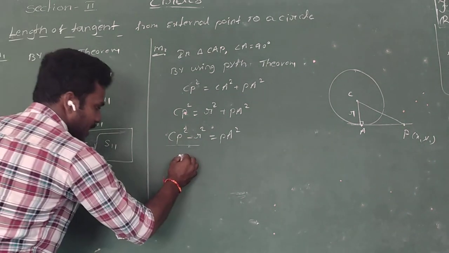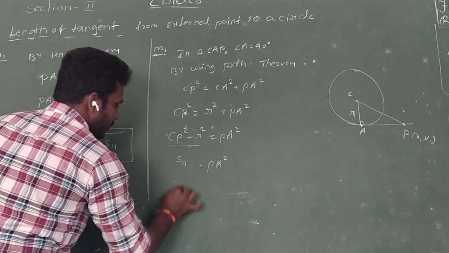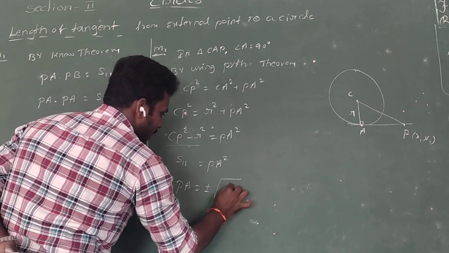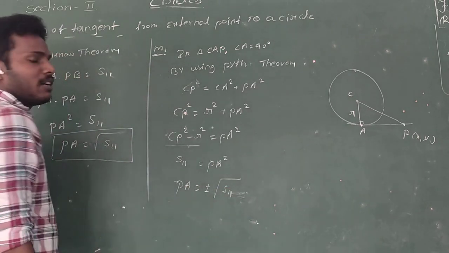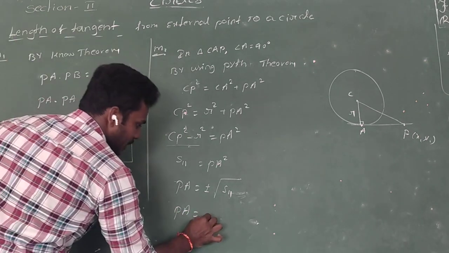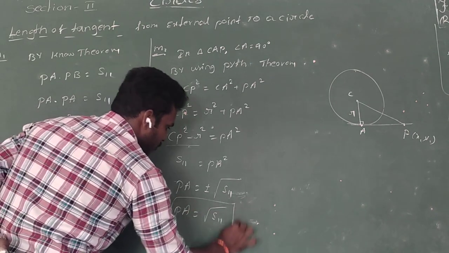So S11 is equal to PA square, and PA is equal to plus or minus root S11. Distance is never negative, so the length of the tangent from point P is root S11.